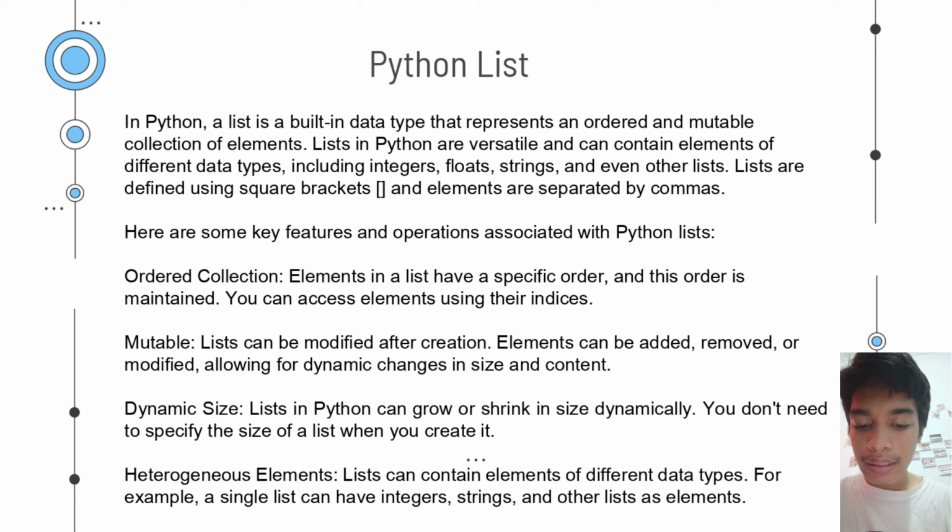Third, dynamic size. Lists in Python can grow or shrink in size dynamically. You don't need to specify the size of the list when you create it. Fourth, heterogeneous elements. It can contain elements of different data types. For example, a Python list can have integers, strings, and other lists as elements. This is about the characteristics of Python lists.